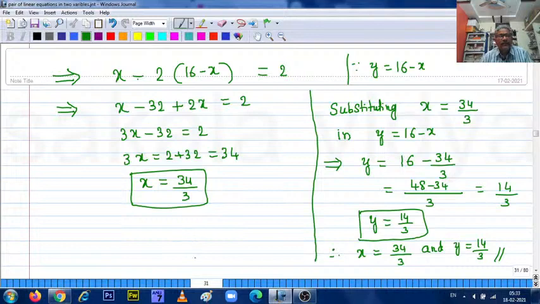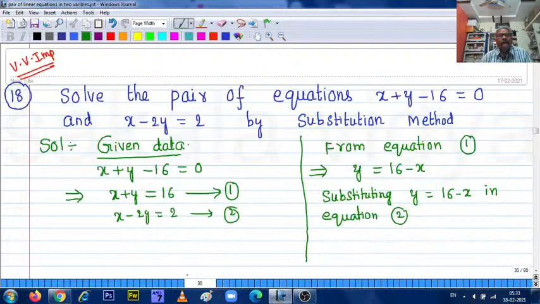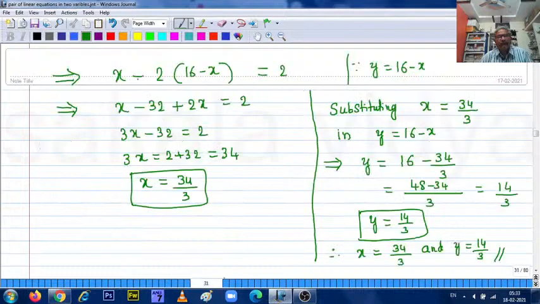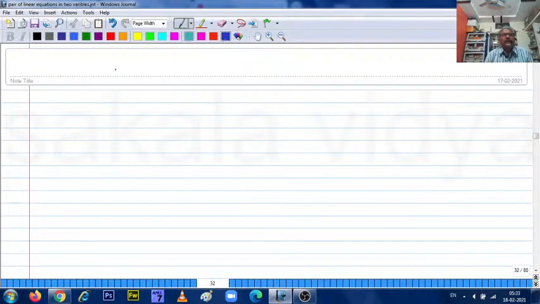Let us move to the next problem. This was the 18th problem. Now the 19th problem.